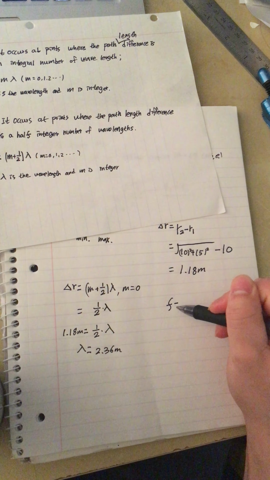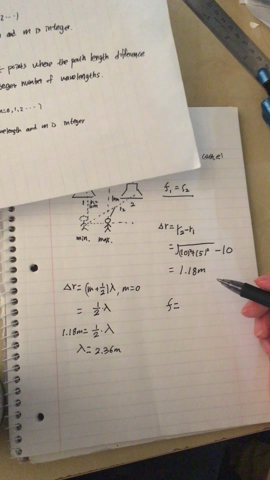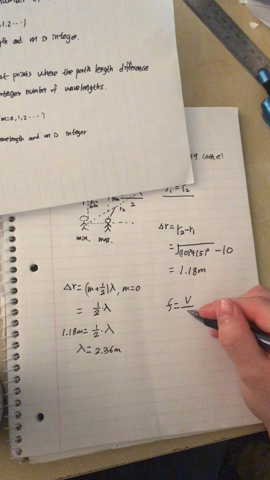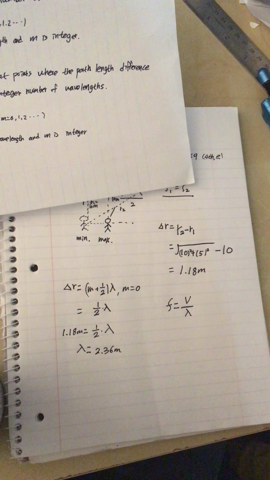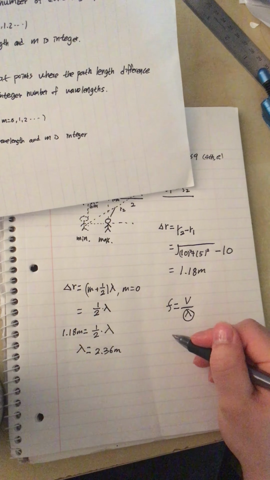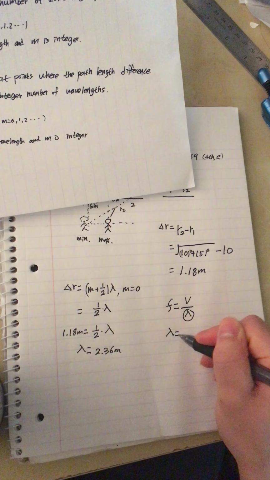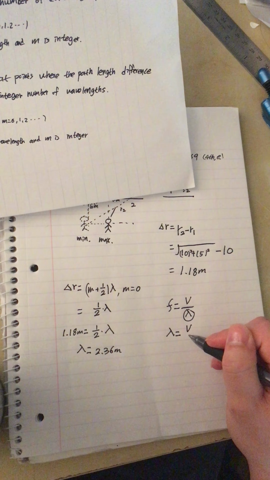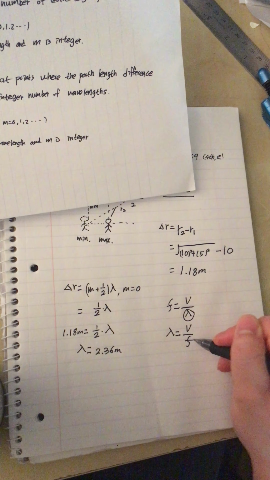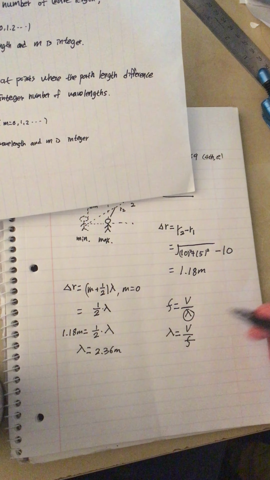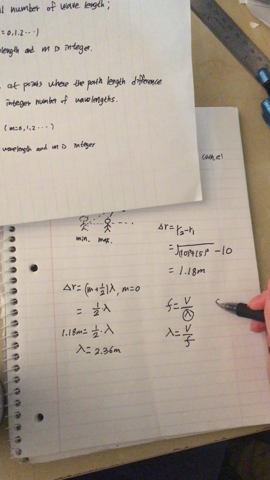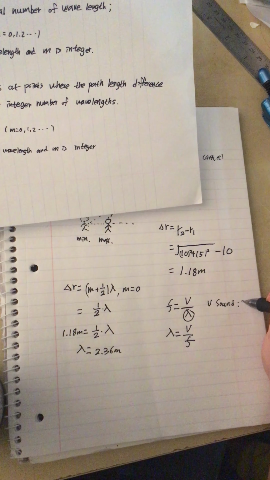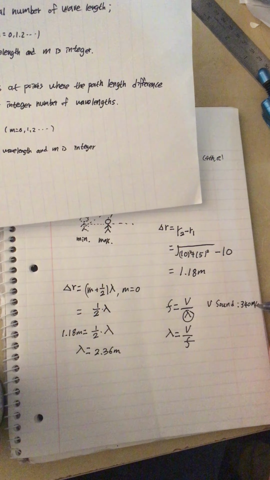Our question is, what is the frequency of the sound? The equation for frequency is velocity over lambda. We already know lambda. We also have to know the speed of sound, which is 340 meters per second.